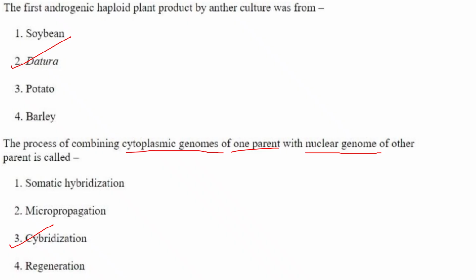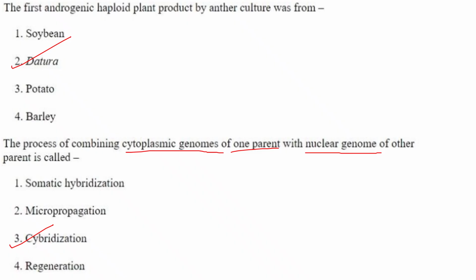Okay, then somatic hybridization, I told you micropropagation is nothing but a tissue culture method itself for rapid multiplication of plants. Then regeneration. So in somatic hybridization, somatic cells will result in hybrid formation.